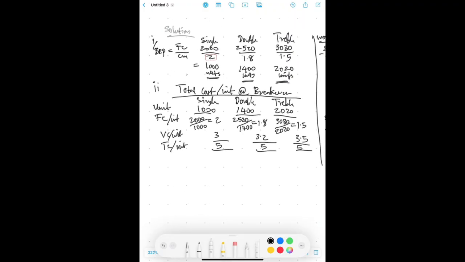We can now look into the third part of the question, which is: what is the profit or loss for each shift at 50% capacity? So this is number 3, profit or loss at 50% capacity.